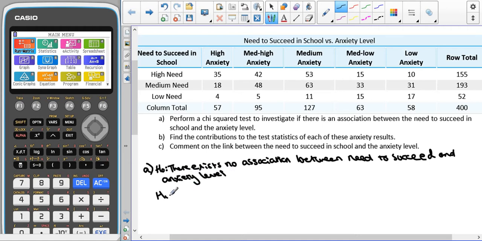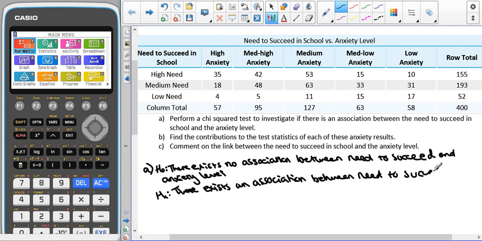And H1 is that there exists an association between need to succeed and anxiety level.